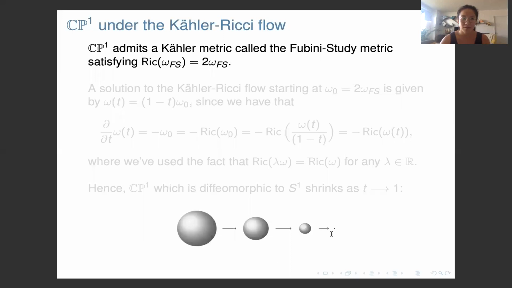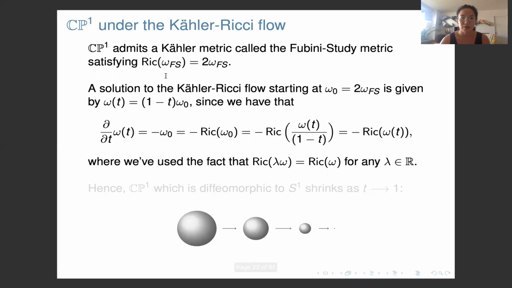Okay. So now we will give a concrete example of what the flow can do. We're going to work with CP1 as just our elementary example. And we know on CP1 that there exists this metric called the Fubini-Study metric, which is in fact a Kähler-Einstein metric, satisfying that the Ricci form of this Fubini-Study metric is equal to 2 times the metric itself.